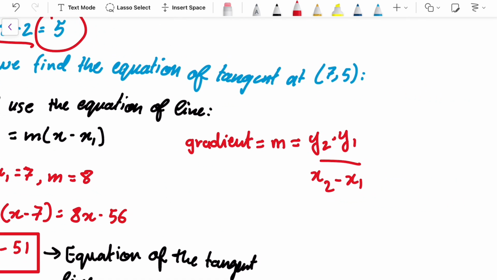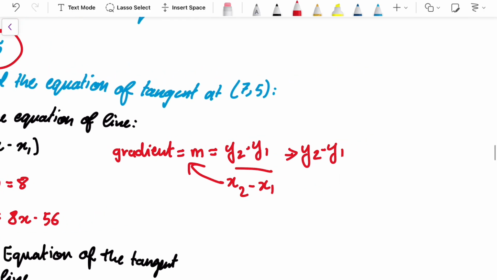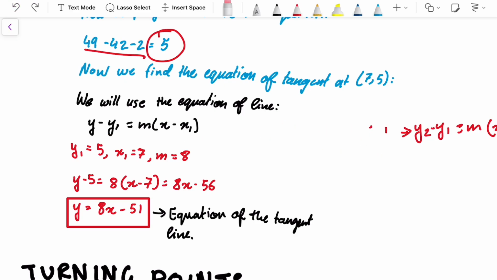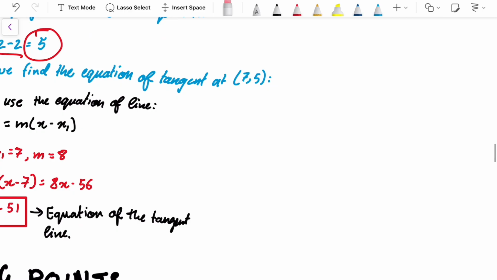And if we shift things around and put x on the top, then this becomes y2 minus y1 is equal to m(x2 minus x1). And that is basically what we've got over here, except instead of x2 and x1, we've got x and x1, and y and y1.